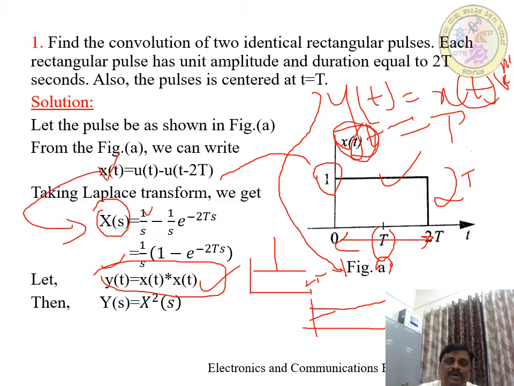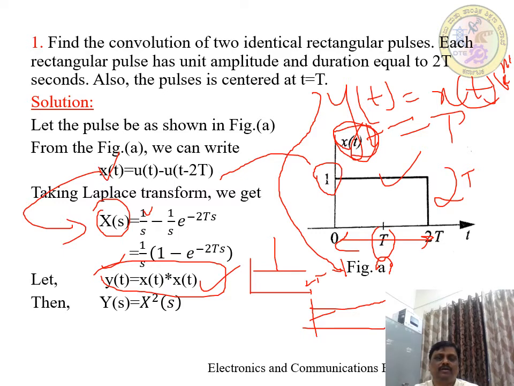Remember, convolution in the time domain becomes multiplication in the frequency domain, and LT of x of t is also X of s. Therefore, X of s is multiplied with X of s, and Y of s becomes X square of s.